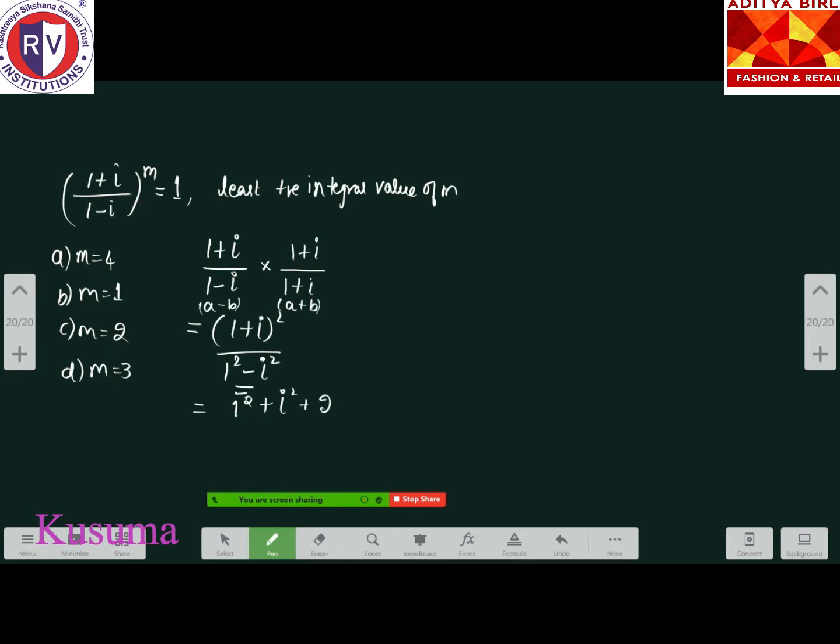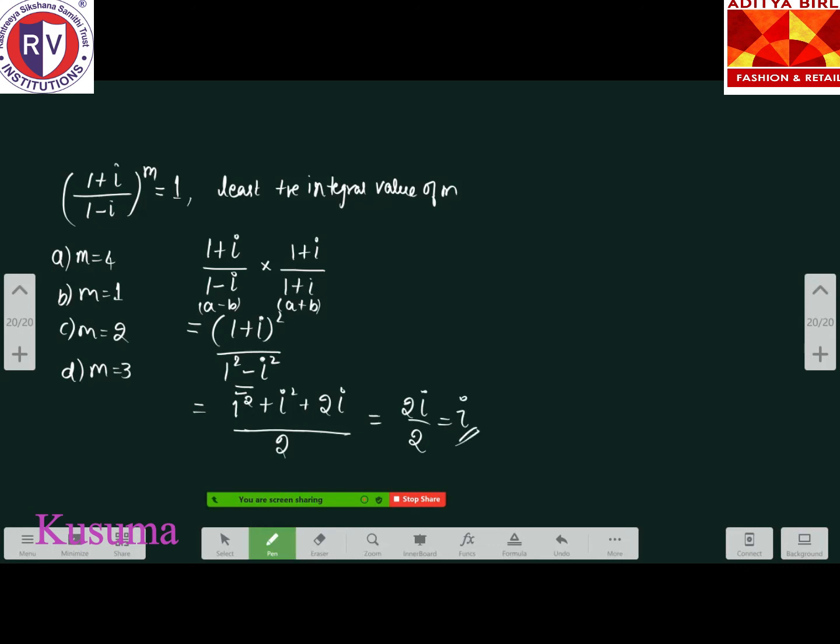1 square plus i square plus 2 into 1 into i, that is 2i, divided by 1 square is 1 and i square is minus 1. That is, it will give us 2 in the denominator. Okay. So the numerator will further be 1 minus 1, that will cancel out to give us 2i by 2, which is equal to i.